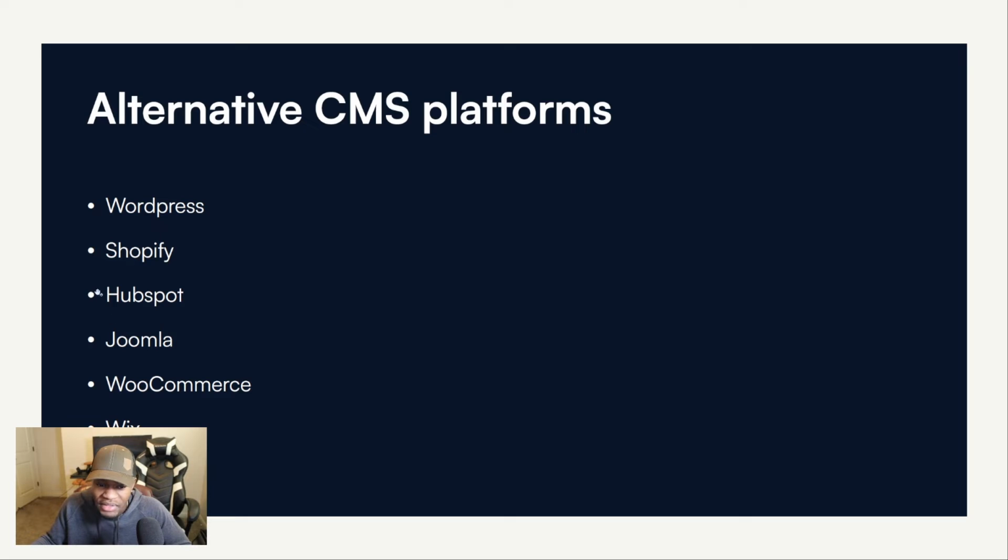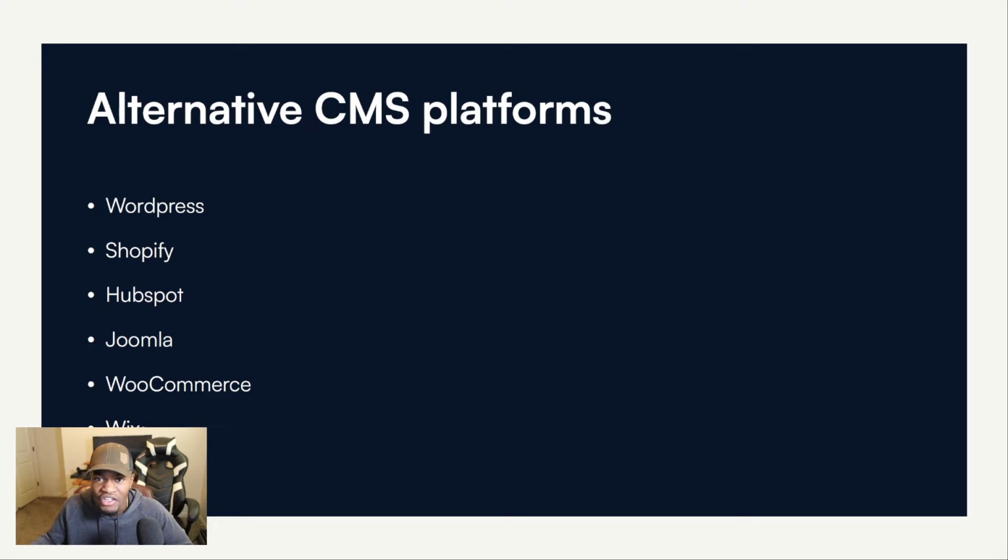We've got platforms like HubSpot, a CRM that you could use to build quick websites, funnels, or landing pages. There's Joomla, there's WooCommerce, which is like Shopify, but Shopify is more popular. And then we got the infamous Wix. I really love Wix. No. And then one I didn't put on here is Squarespace.